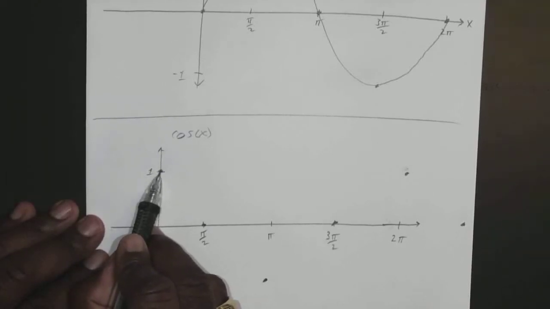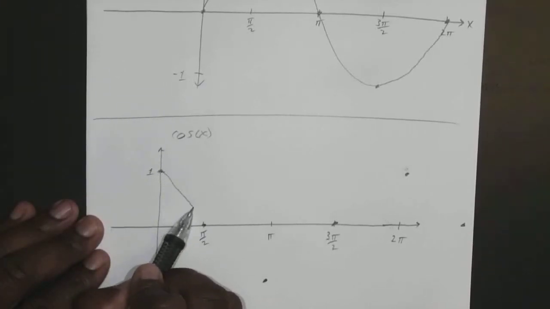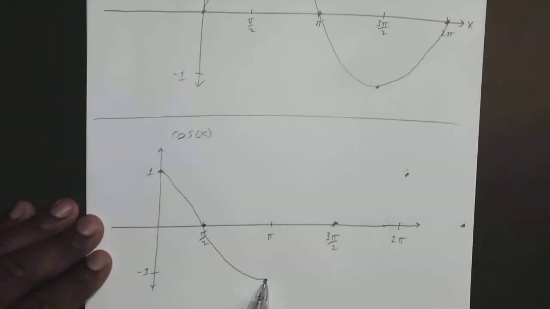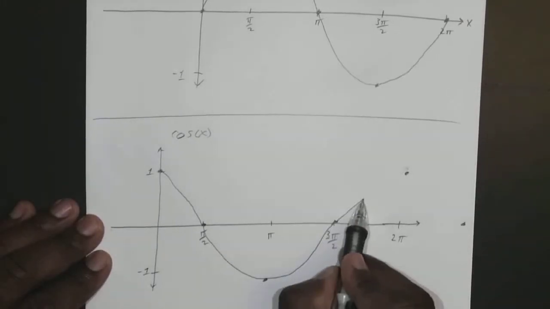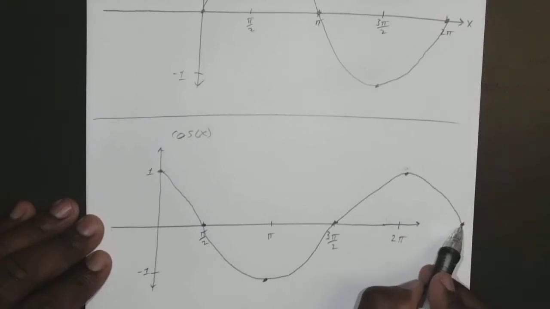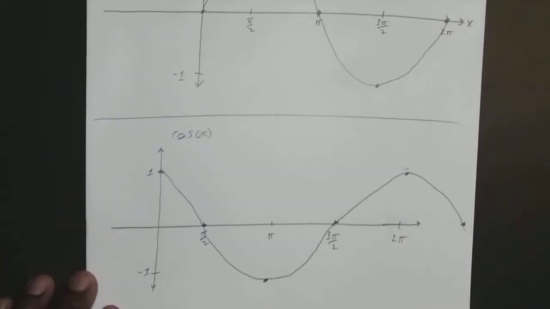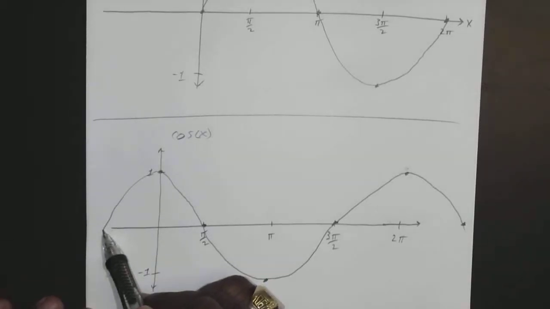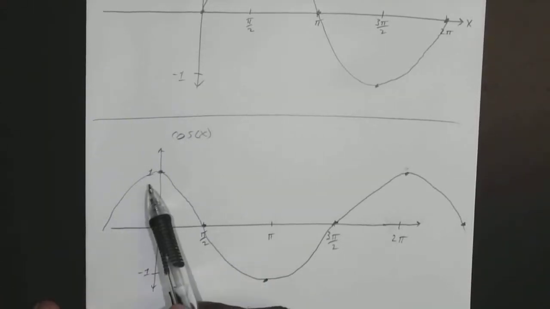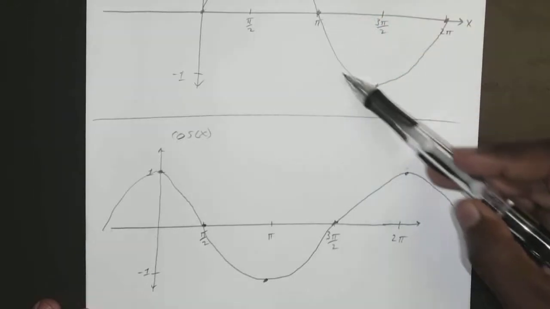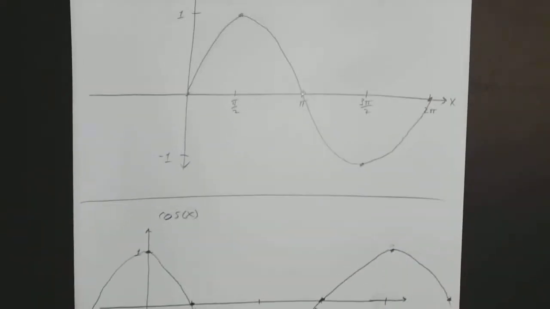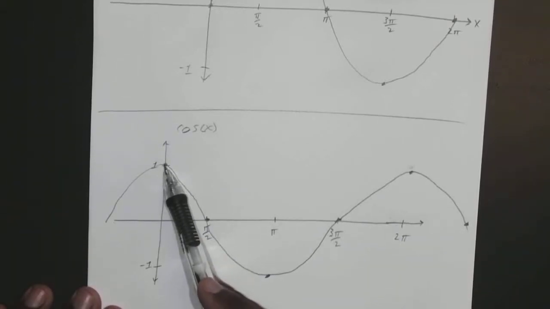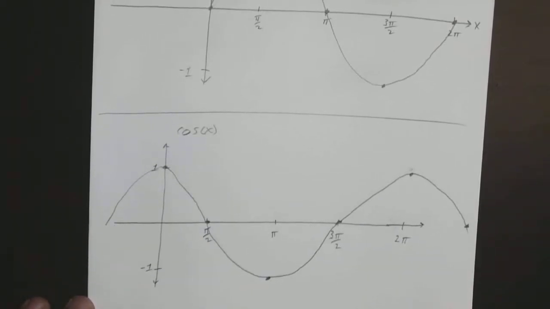Okay, so you have the graph here that goes like that, and then it kind of picks up, and it goes here, and it goes like that, and it kind of repeats over and over and over again, even going in the same direction. You have this graph that goes the same shape, but at 0, it starts at 1.